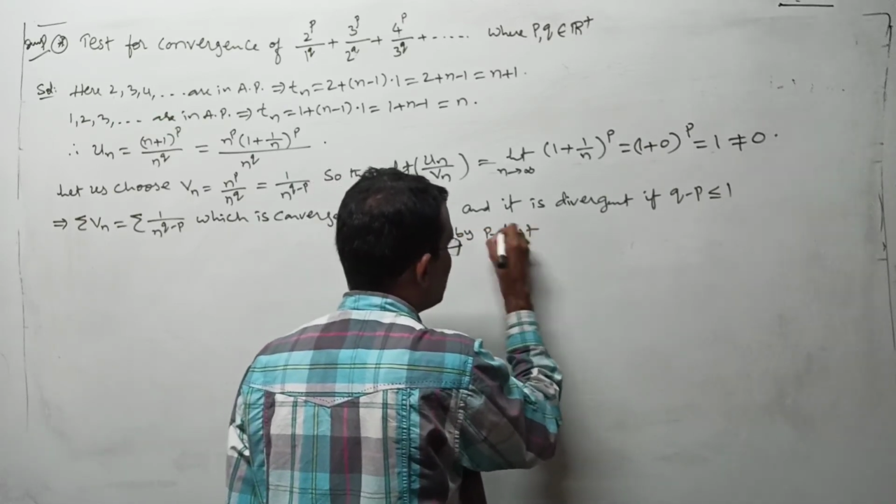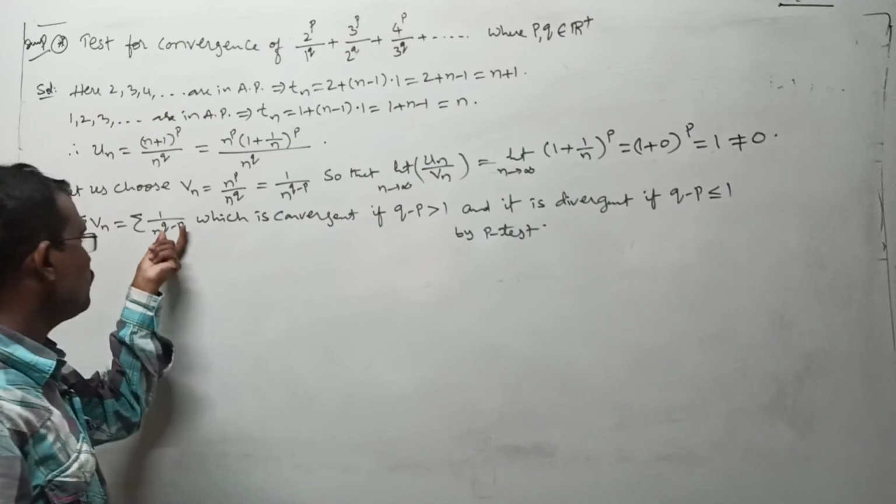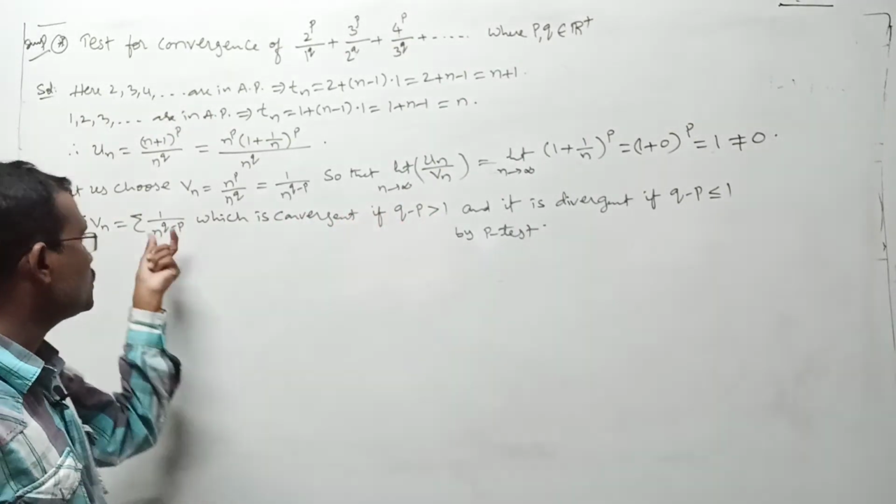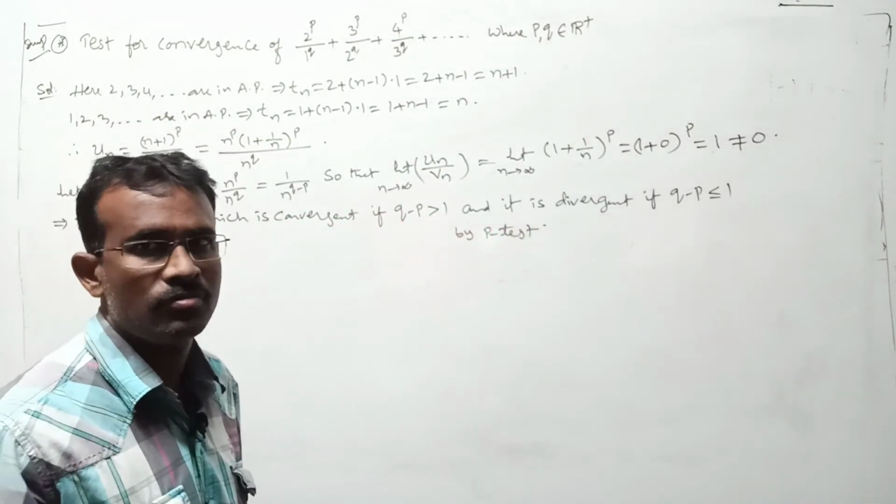According to the p test, this is convergent whenever q minus p is greater than 1 and it is divergent whenever q minus p is less than or equal to 1.